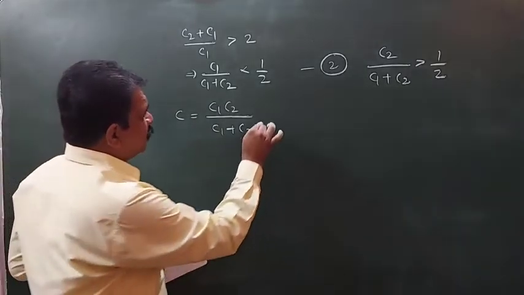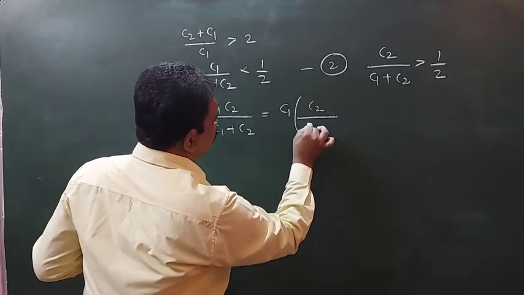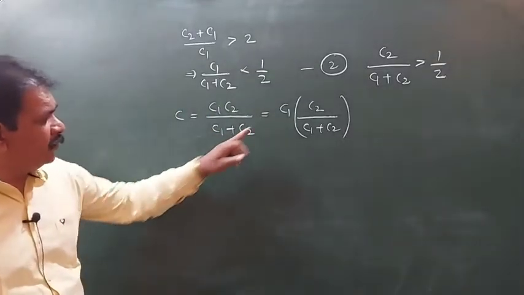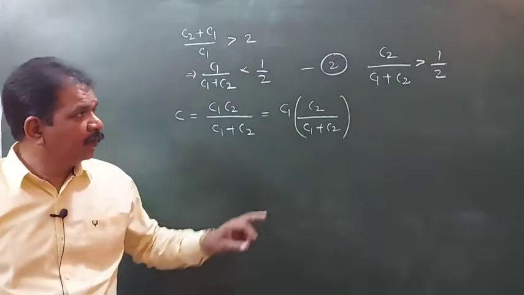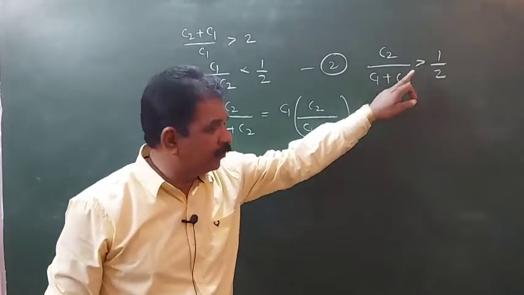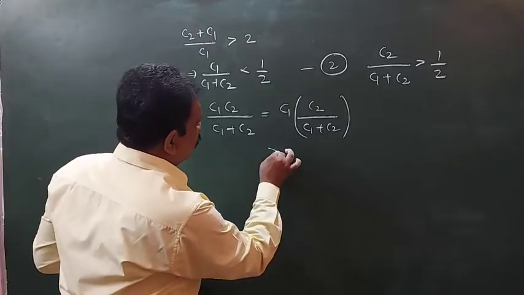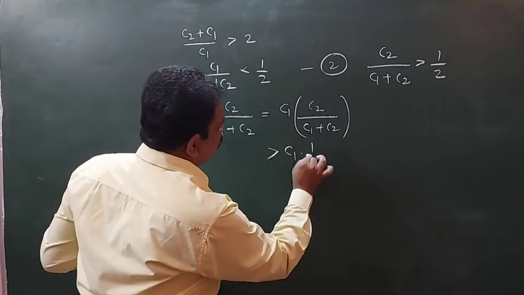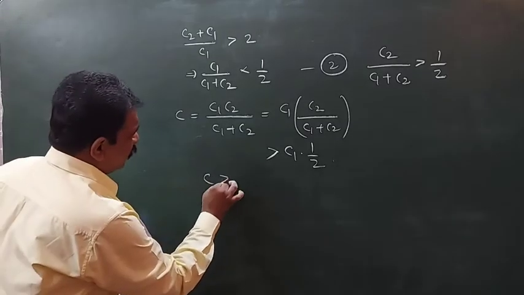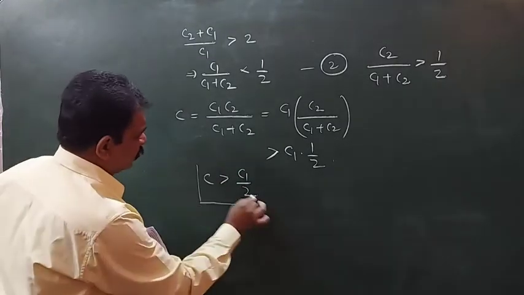I am writing this in this format: C1 into C2 by C1 plus C2. Since C2 by C1 plus C2 is greater than 1 by 2, this product is greater than C1 into 1 by 2. So C is greater than C1 by 2. This is one relation.